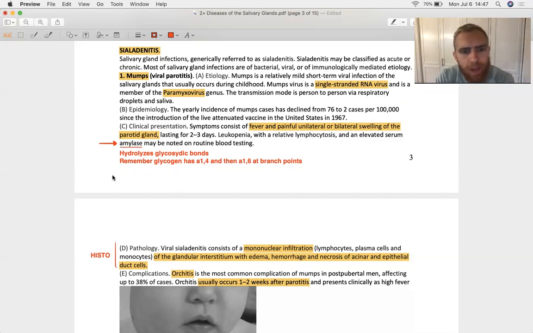If it's a 1,4 glycosidic bond, then it's going from the 1 carbon of one carbohydrate to the 4 carbon of another, and a 1,6 is going from the 1 carbon to the 6 carbon of another carbohydrate. And remember, if you've forgotten your molecular nomenclature and your orgo, you're going to have to relearn it before boards.